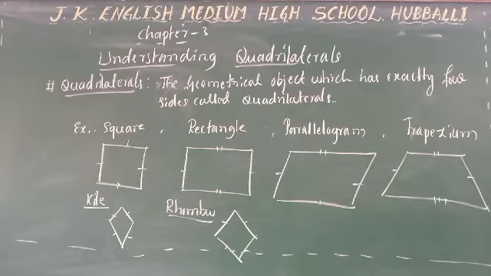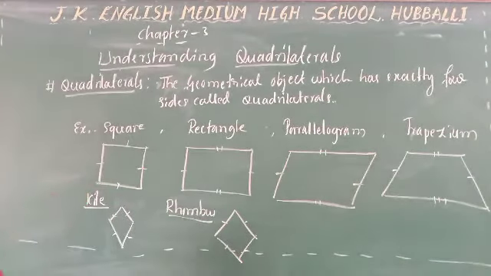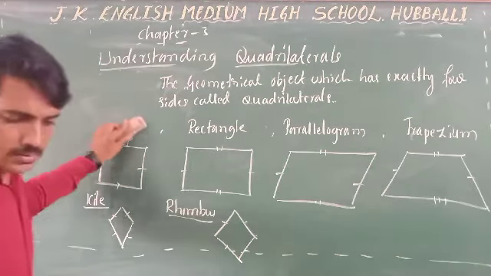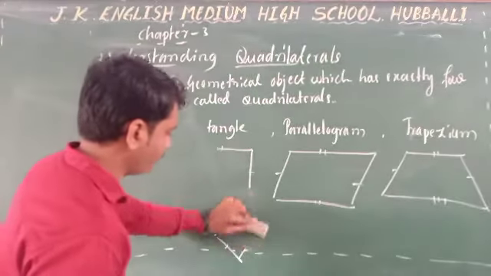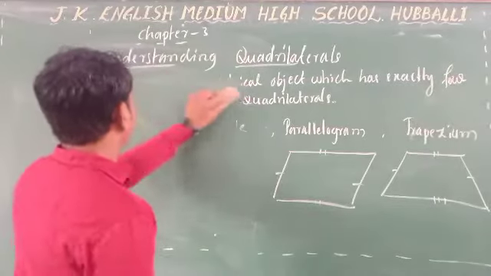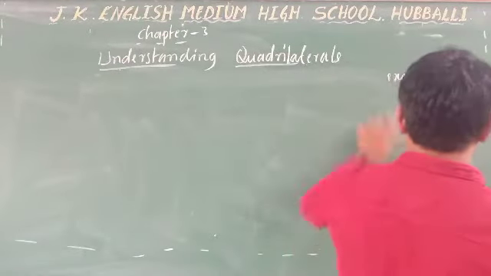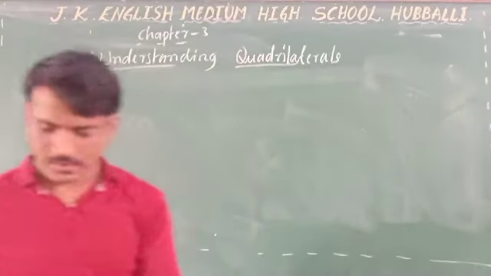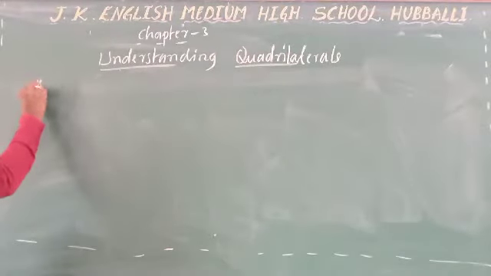Shall we go for the next topic? The first point is the definition of quadrilateral. The second one, diagonals. The second point is the diagonal. What do you mean by diagonal? People already know.